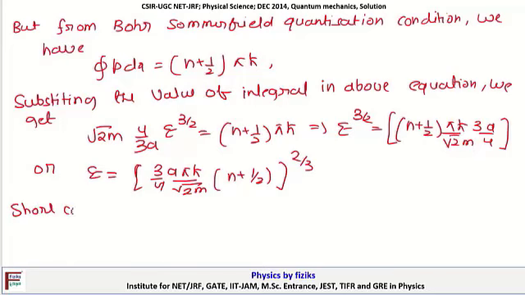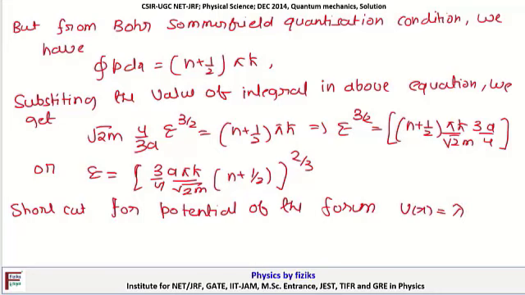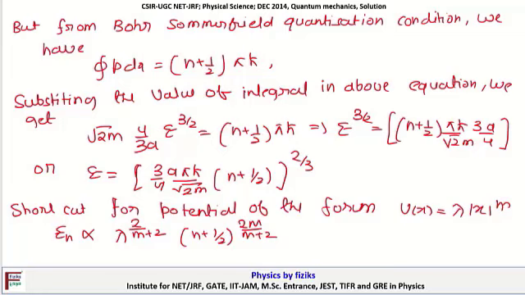Shortcut for potential of the form V(x) equal to lambda x to the power m: En is proportional to lambda to the power 2 by (m plus 2) into (n plus half) to the power 2m divided by (m plus 2). So that is the dependence on m.